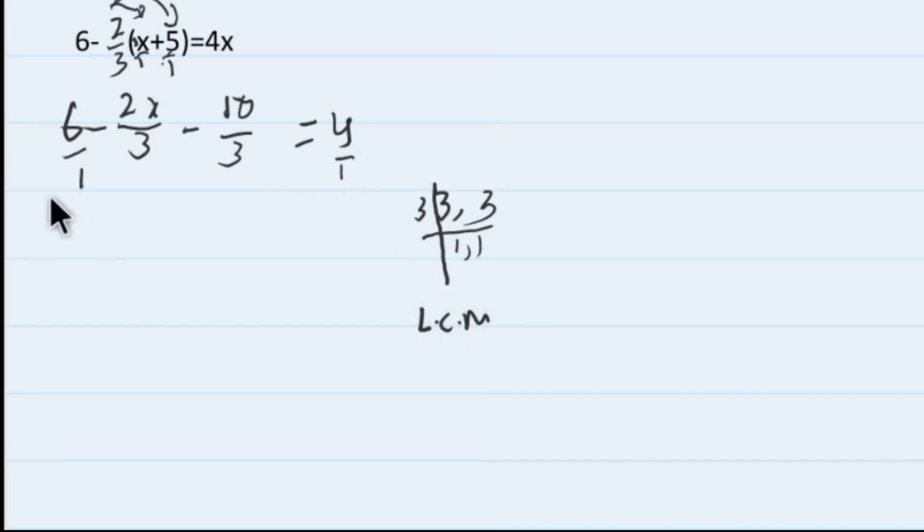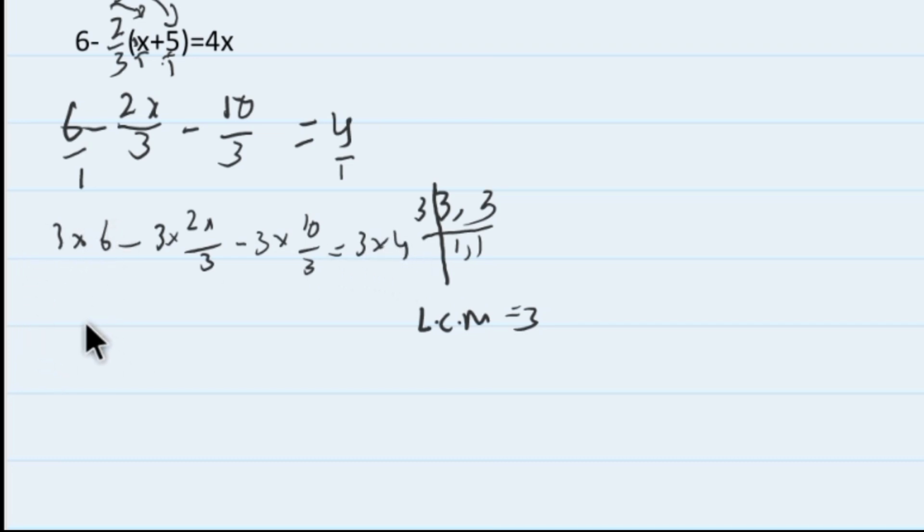so now we multiply all these terms by 3. So first we multiply 6 by 3, that is 3 multiplied by 6. Now we multiply the second term by 3, so 3 multiplied by 2x over 3. Next term by again 3, so 3 multiplied by 10 over 3, and 3 multiplied by 4x.